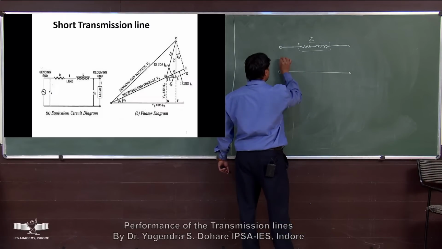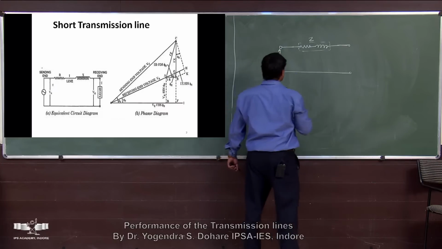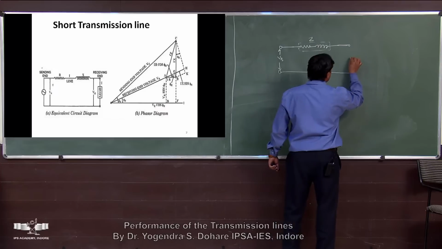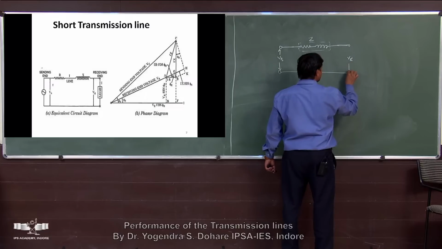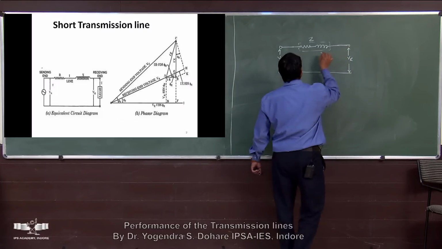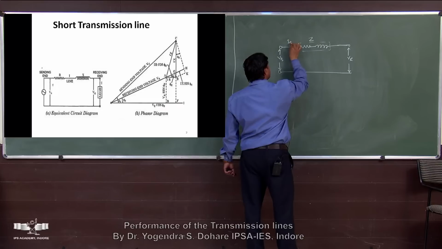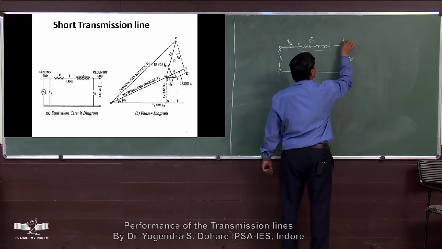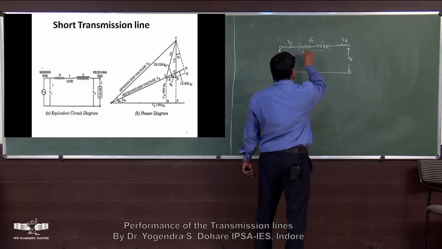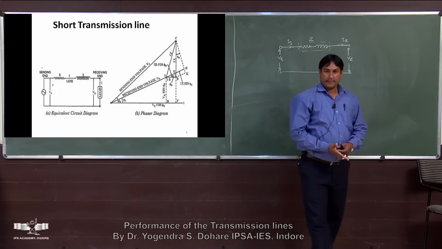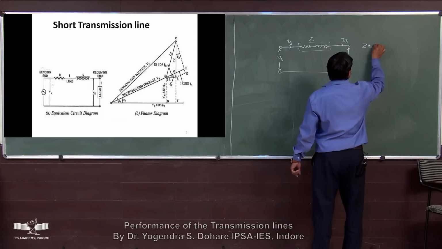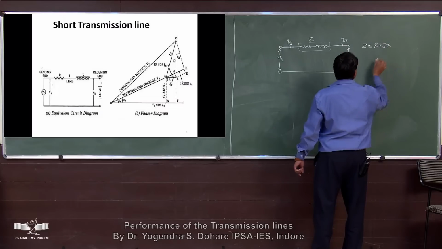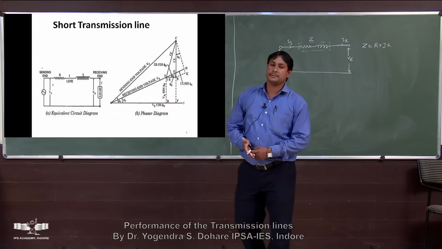The end where the source is connected is called the sending end, with the sending end voltage, and the other end where the load is connected is called the receiving end, with the receiving end voltage. Similarly, we have the sending end current and receiving end current. The series line impedance is Z equal to R plus jX.